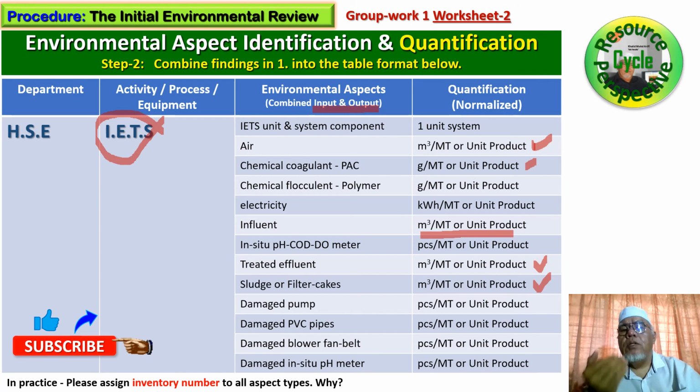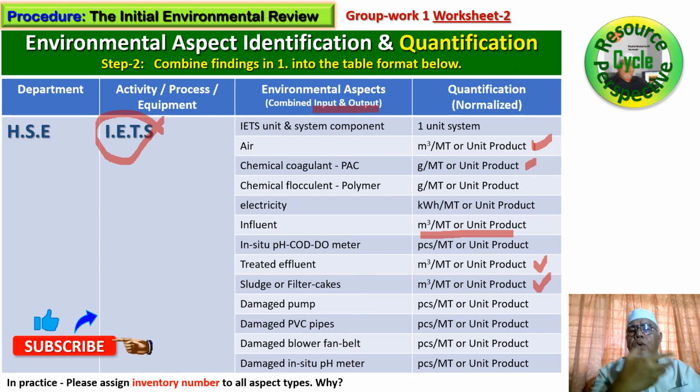So you got to discuss with your financial controller, your accounts department, how is it being done? Because all these figures per metric ton of product or per unit product, they keep how much profit the company is making. They know about it.